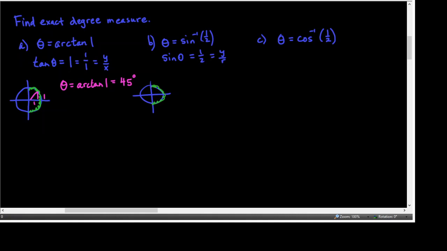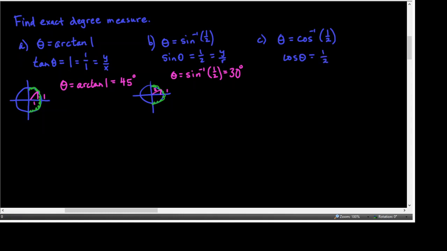So that means we're going to need to draw a triangle where y is 1 and r is 2. And that angle is 30 degrees. This does start to get faster, especially when they're easy ones like this. My hope is that you're getting this totally like, wow, this is not too bad, because it isn't.